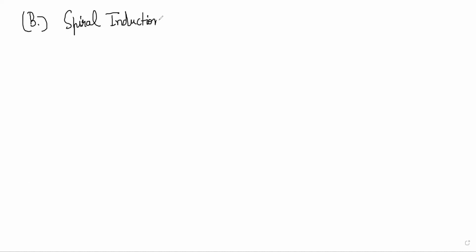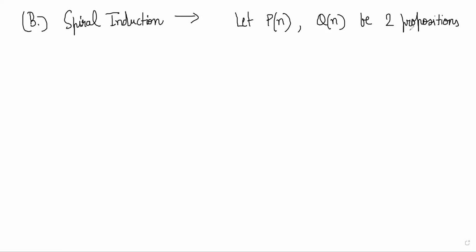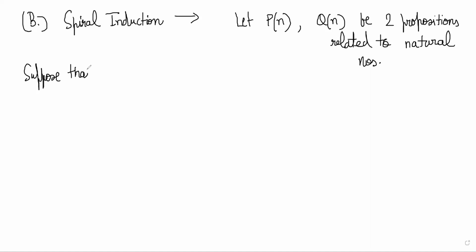The next type of induction that we'll see is B, which is spiral induction. Here in spiral induction, there are two propositions, P of n and Q of n, related to natural numbers. Now we suppose that first of all, P of 0 is true.